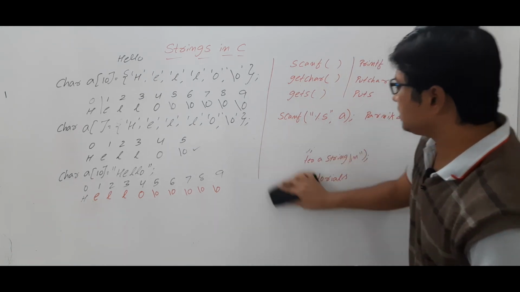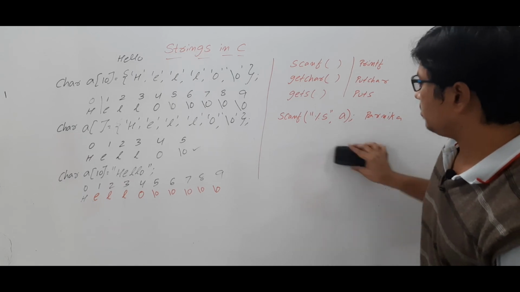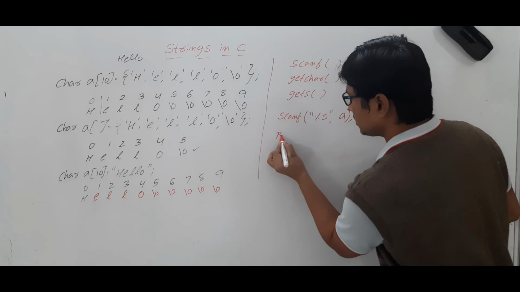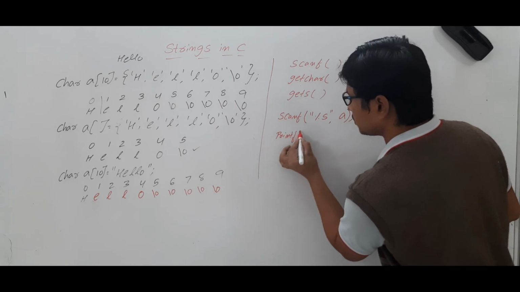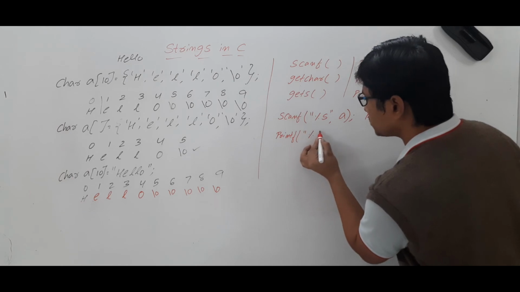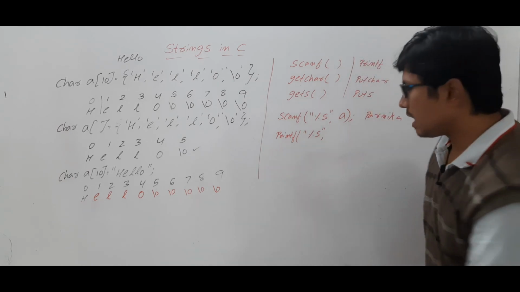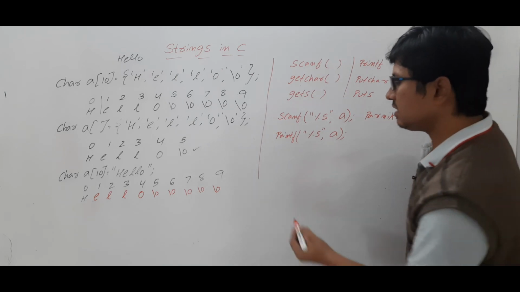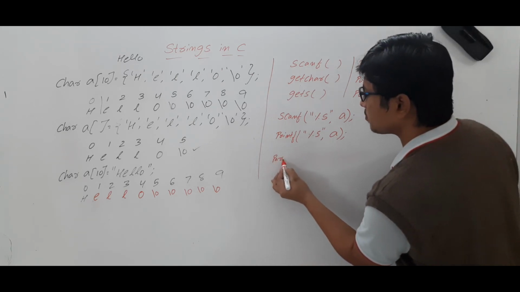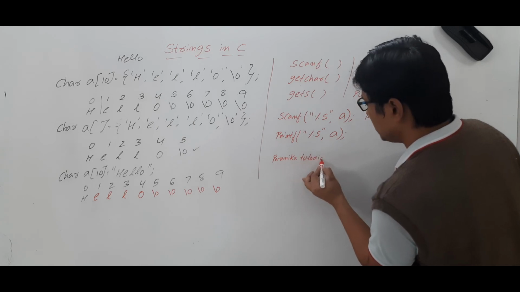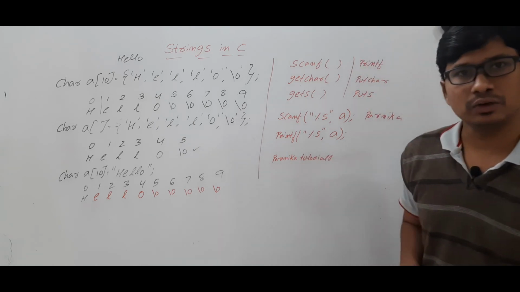Now let me discuss about the printf function. The printf function is useful for us to print the string. So you can use the format specifier %s and a. Now remember one thing. In an array A, you have saved it as Parnika tutorials or you have initialized it as Parnika tutorials. It will display the output as Parnika tutorials.